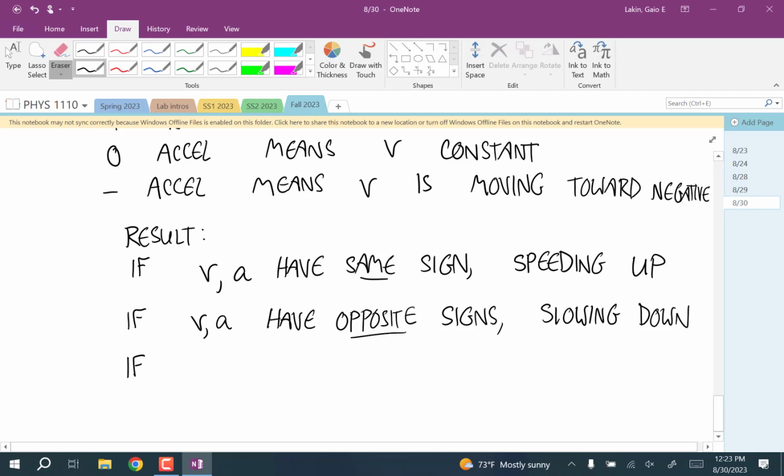And if the velocity is equal to 0, well, you can't get any slower than 0. So you have to be speeding up if there's acceleration. So then the object is speeding up in the direction of the acceleration.